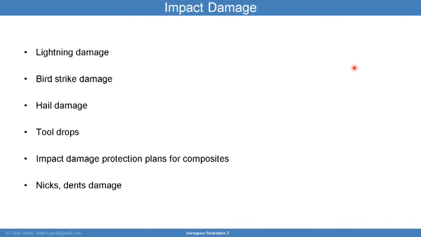While a certain amount of impact damage could occur in composites and silently cause damage within the composite that may not be visually seen. Lightning damage, bird strike damage, hail damage are things that we can see. Tool drops may or may not be seen. And the good news is that we try to implement impact damage protection plans for composites. I'm going to have you look at that more carefully as part of your research.